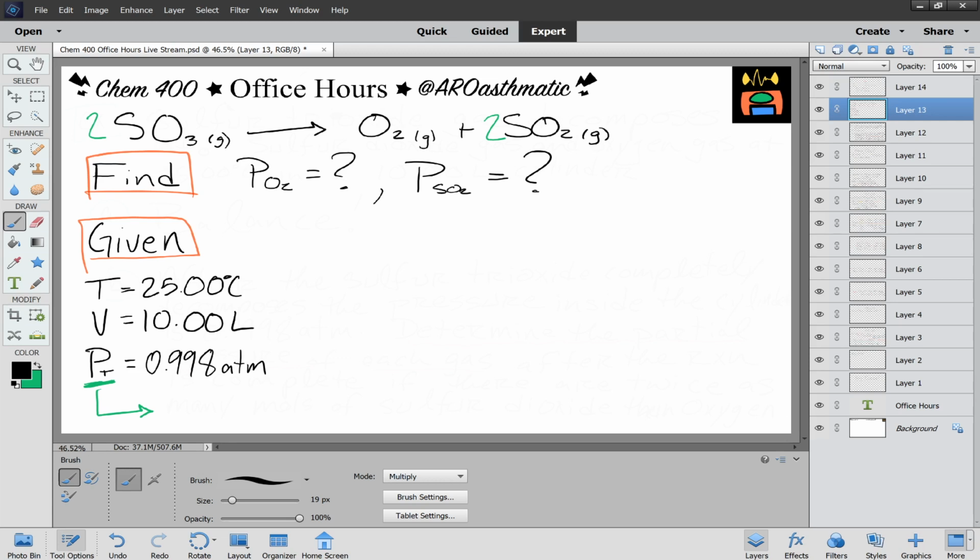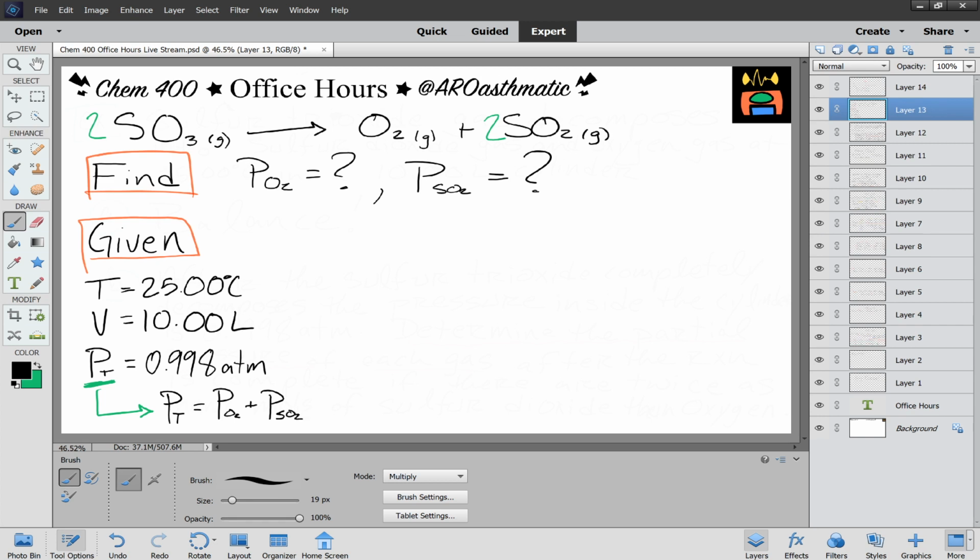Hopefully you'll recall me saying in lecture that I'll be testing on 3 gas laws: the combined gas law, the ideal gas law, and Dalton's law of partial pressures. And so when you hear me ask you to determine the partial pressures, you should think, okay, Dalton's law. There's an algebraic expression. I should write that out. Total pressure is equal to the partial pressure of O2 plus the partial pressure of SO2.